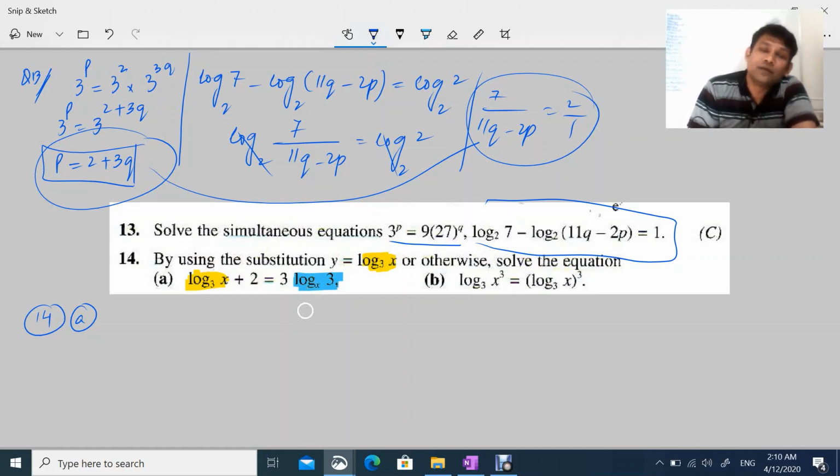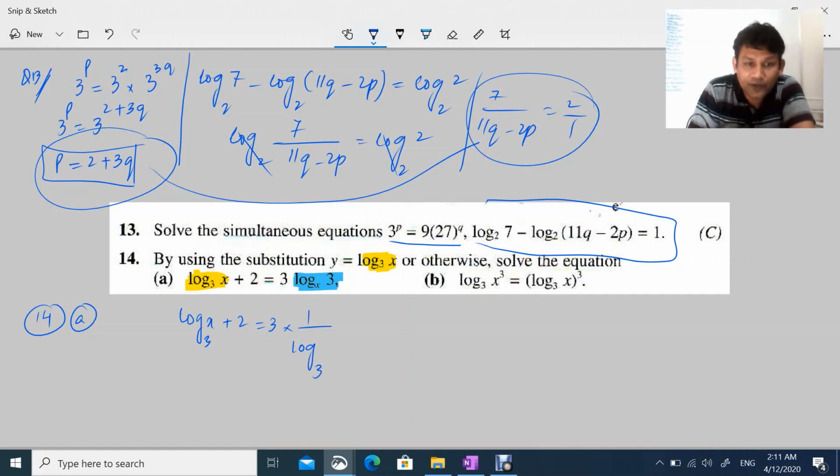Remember we have discussed the interchange of base. Do we have to interchange this? Yes, we need base 3. So what can we do? Log 3 x plus 2 is equal to, we can write, 1 upon the interchange of base.